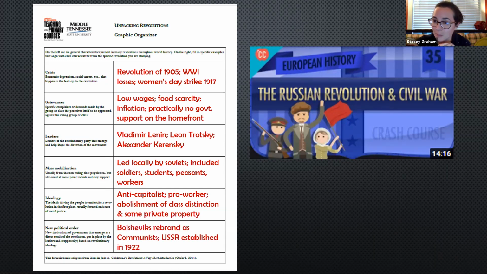And the new political order, which you need to have a revolution. The Bolsheviks reject socialism, because socialists were one of many different political parties in Russia during the provisional government. And after the October Revolution, Lenin had an election, and the Socialist Party actually got more votes than the Bolshevik Party.